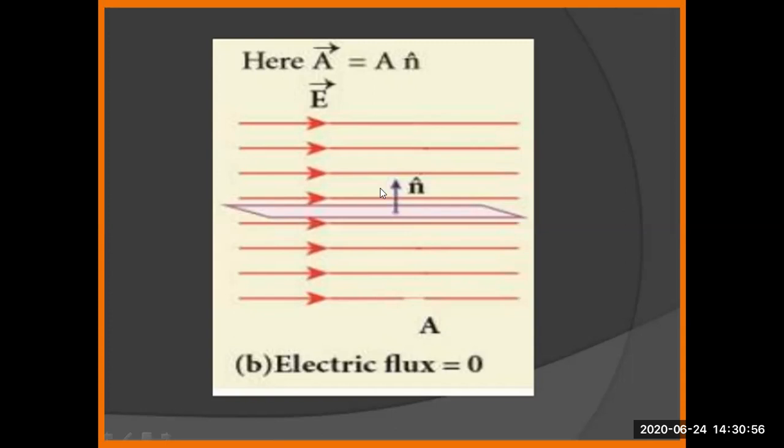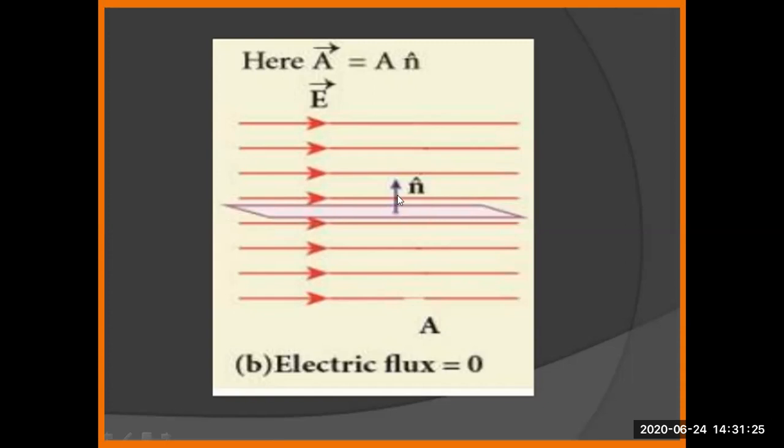If you use the same formula, cos theta, theta is 90 and cos of 90 degrees is 0. So once again, if you put it in the equation, you get 0, because the electric field lines are these red lines, and this is the area placed parallel to the electric field lines, and here you have the unit vector exactly perpendicular to this rectangular area.